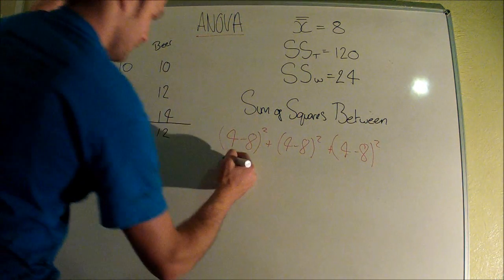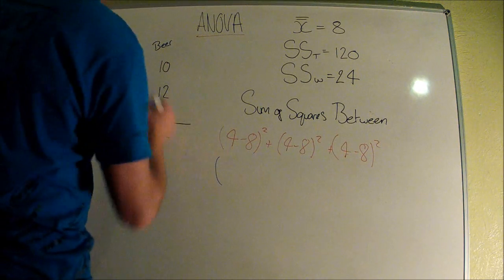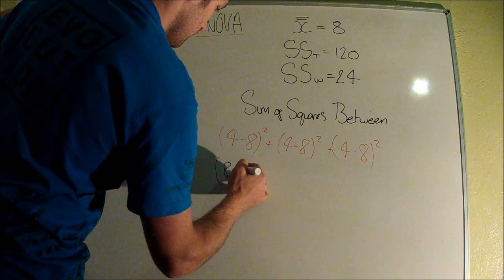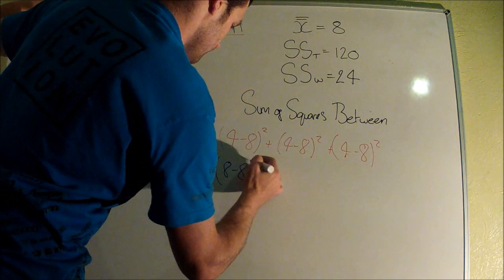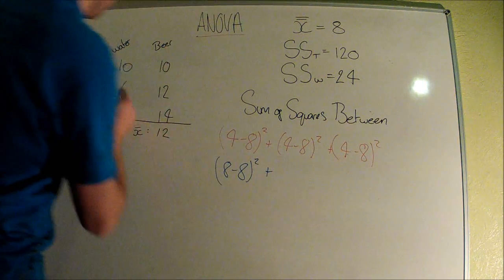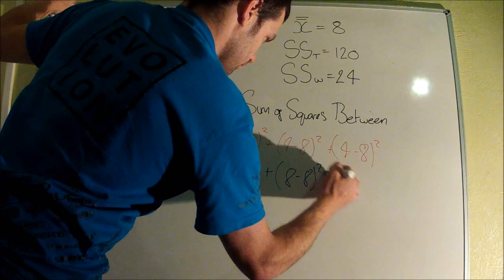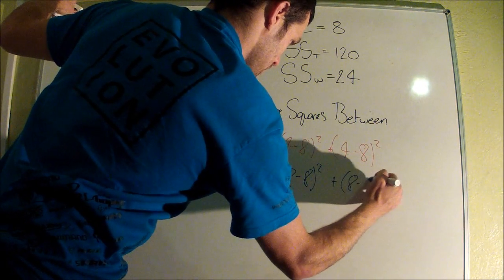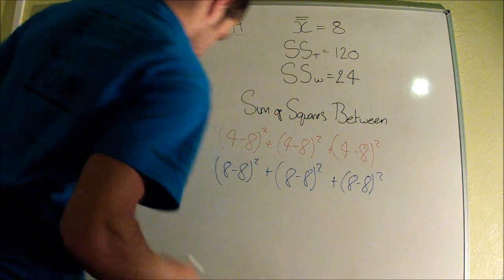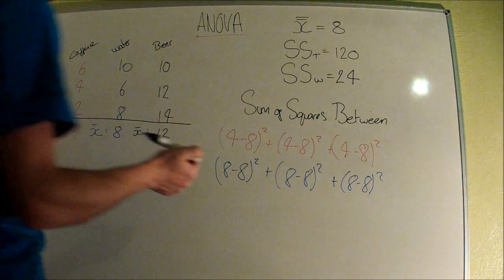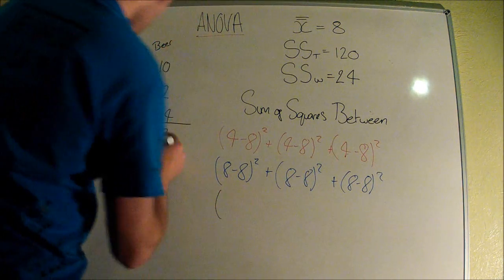And you've guessed it, for this group here, it's 8. So the mean for this group here, minus the grand mean, 8 squared, plus this guy here. And finish that one off there. Finally, we've got this guy down here.